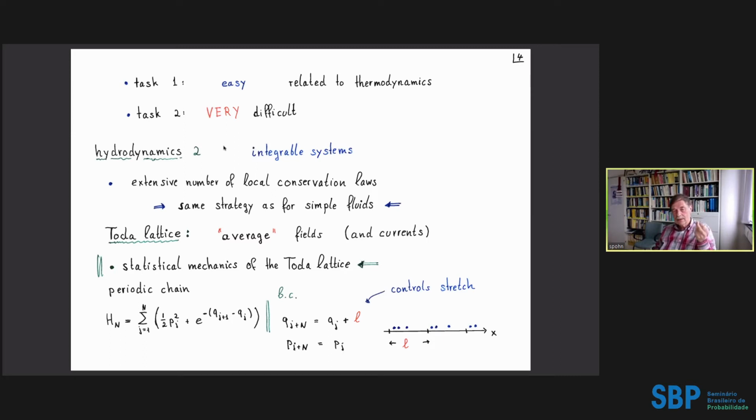Now, integrable systems are characterized, if you want, by an extensive number of local conservation laws. For non-integrable systems we have 3, but for an integrable one, and I will explain this for the Toda lattice in a little more detail, the number of conserved quantities will be proportional to the size of the system.